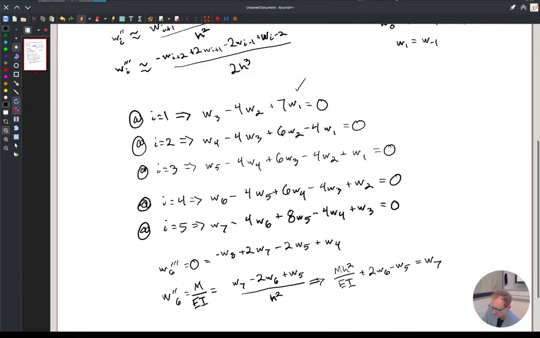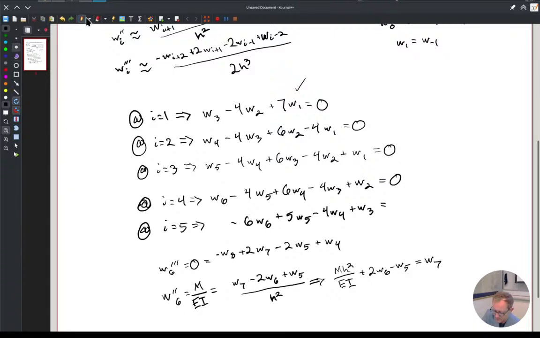Oh wait, my bad, I erased the wrong thing. So negative w5 becomes a 5w5 and a positive 2w6. Now the 4 becomes a 6. And then all of this is not equal to 0 anymore.